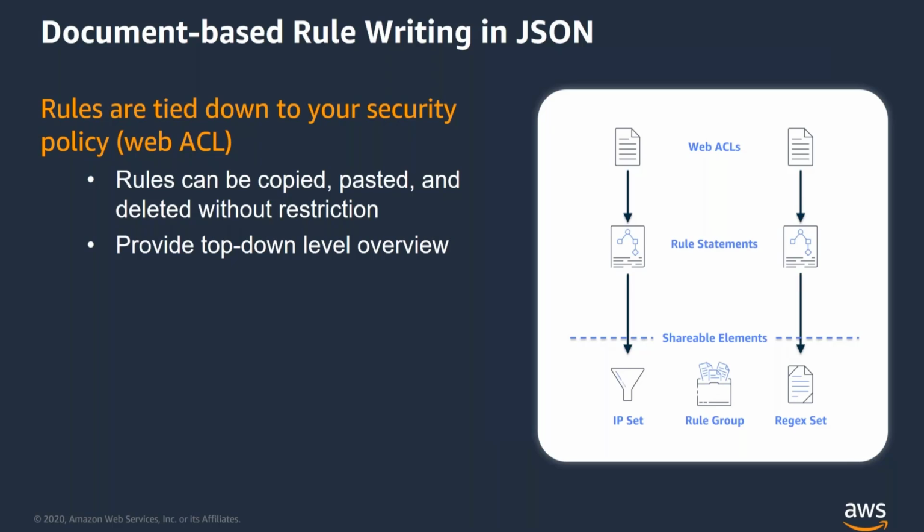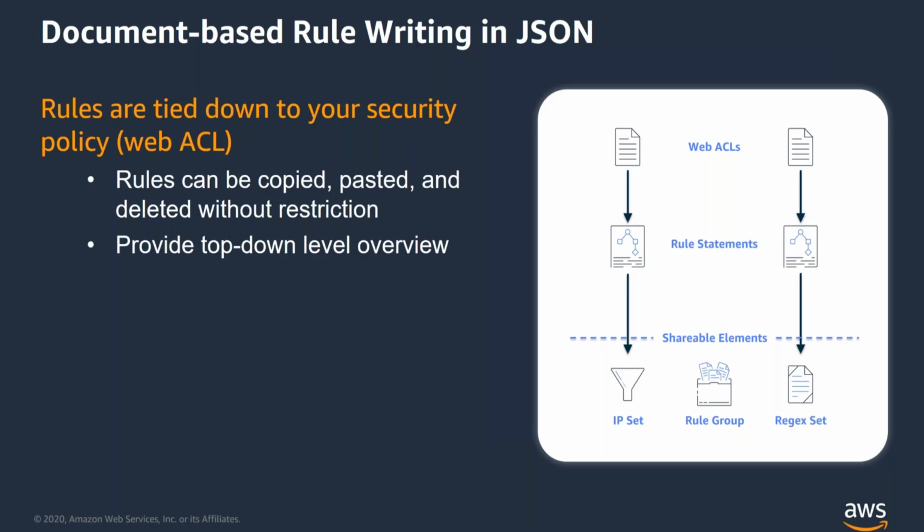It also requires multiple API calls to write a single rule statement. For instance, you could be looking at 5 to 10 different API calls just to update a rule to your web ACL. So with the new API, we moved away from the reference model to the document-based model, where you write your rule statement in JSON, or YAML if you're using CloudFormation.